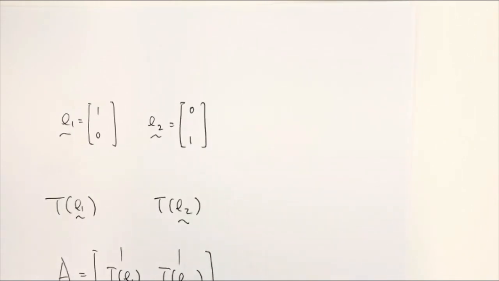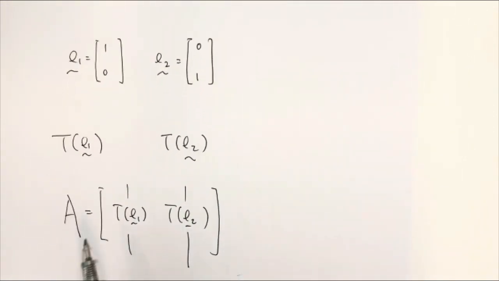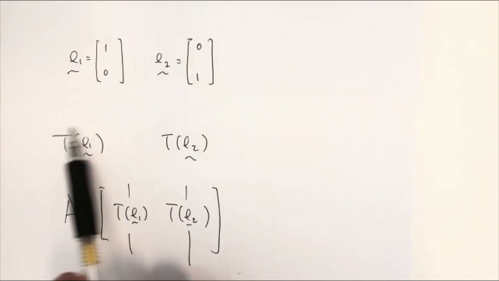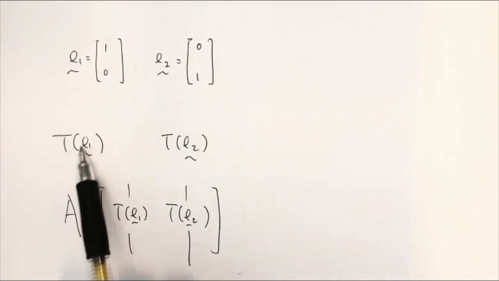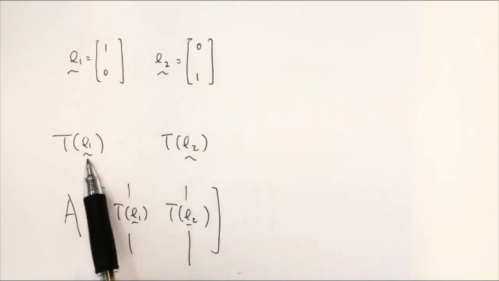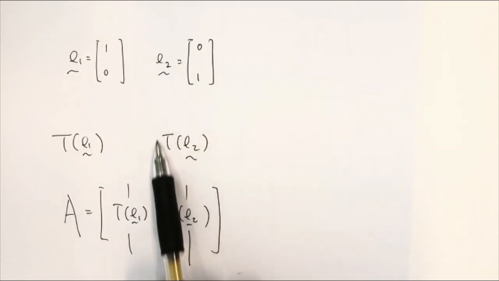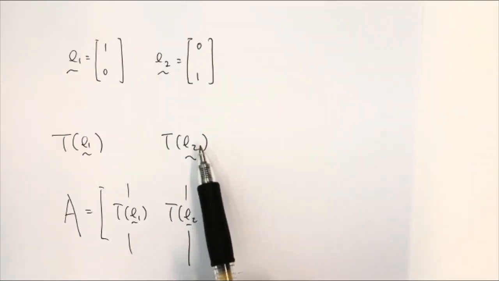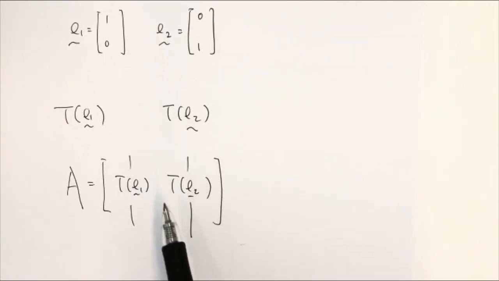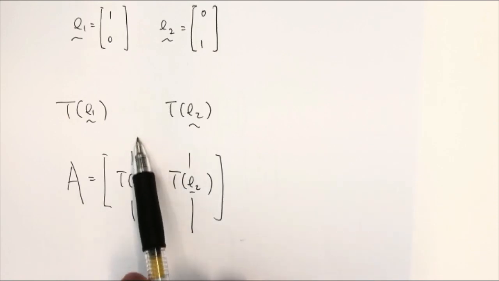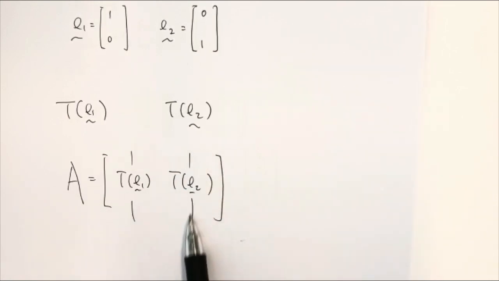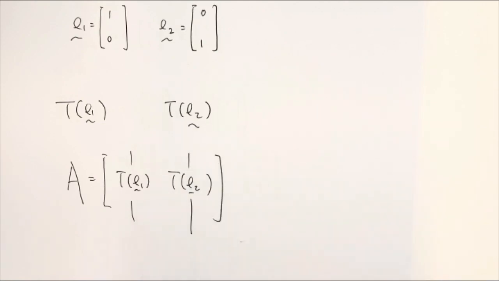We need to look at the image of E1 and E2 under the mapping T. That is to say, we need to figure out what TE1 is, a 3 by 1 column vector, and also what TE2 is, another 3 by 1 column vector. Once we have that, we just construct a matrix A whose first column is exactly TE1, and whose second column is exactly TE2.